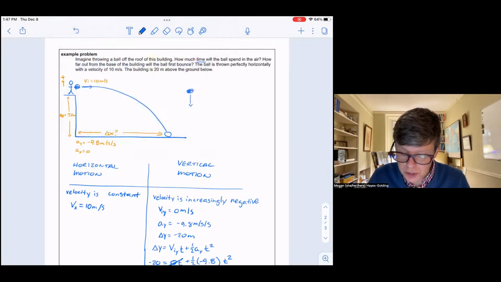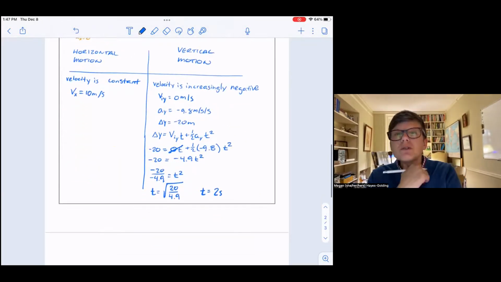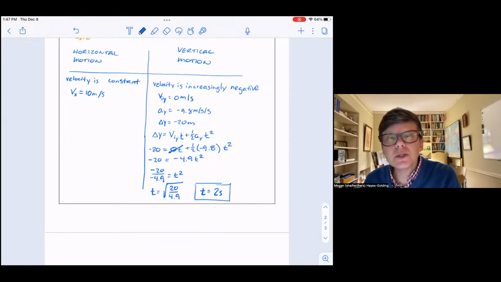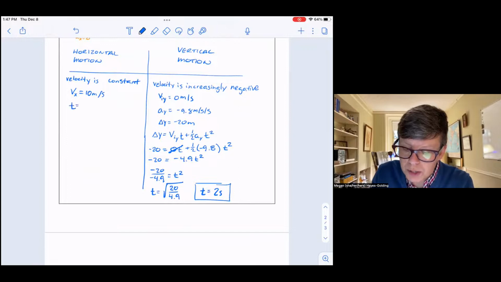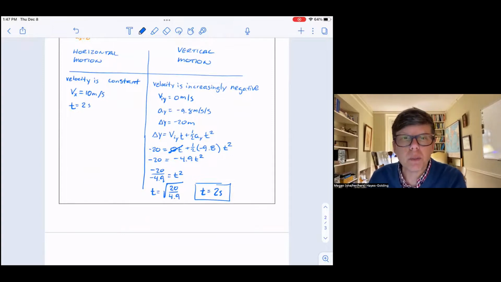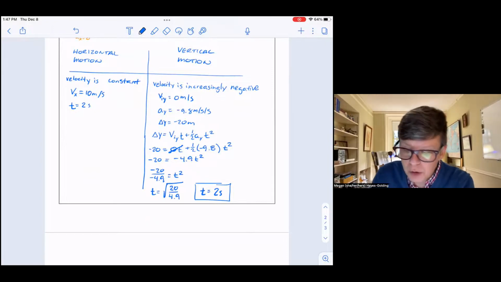The eternal question here. So that 2 seconds that the ball spends falling to the ground is also the 2 seconds that it spends translating horizontally. So I'm going to take that number and bring it over to the horizontal portion of the problem. In 2 seconds, traveling at 10 meters for every second, how far will it go?